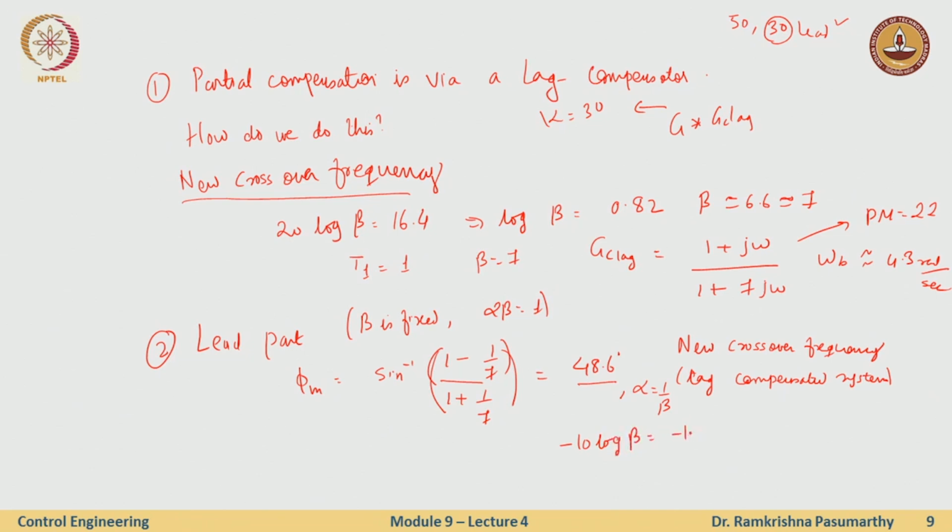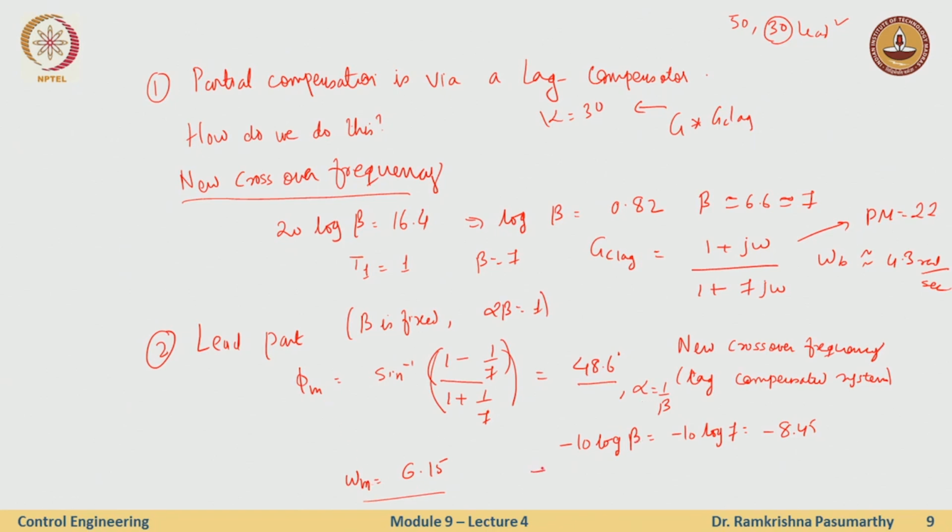So this is minus 10 log of beta, where beta is 7, this is minus 8.45, and this minus 8.45 occurs at omega m. I'll show you this in the Bode plot, it is about 6.15.